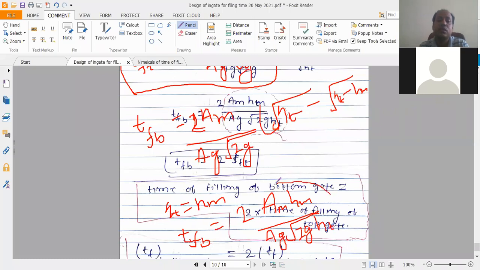So this one is the time of filling for the bottom gate if the height of the mold is equal to the height of the gating system.